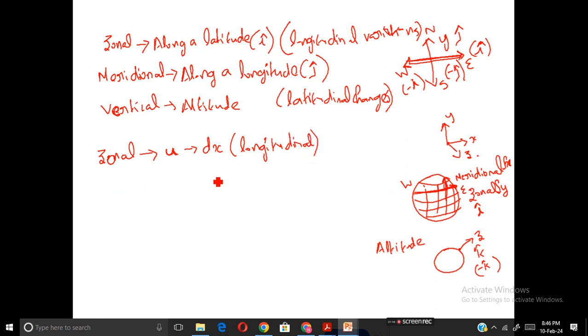When we are moving along the x direction, longitudes are changing. The movement is known as zonal. And when we are moving in the meridional direction, the velocity is represented as v, and the changes are dy or latitude.